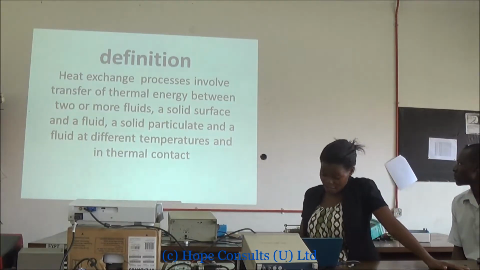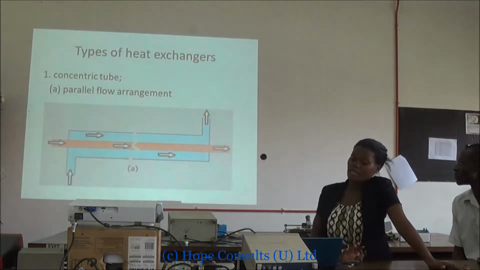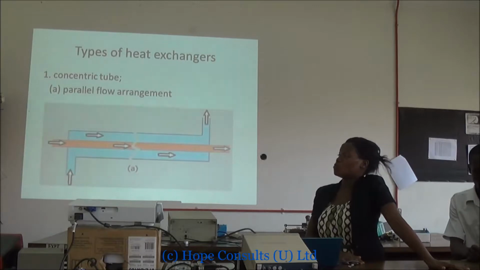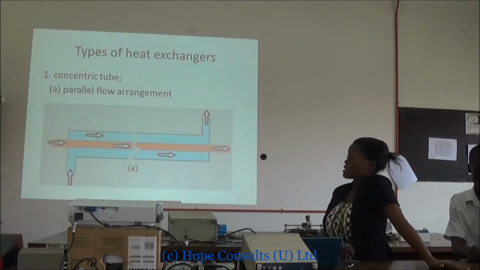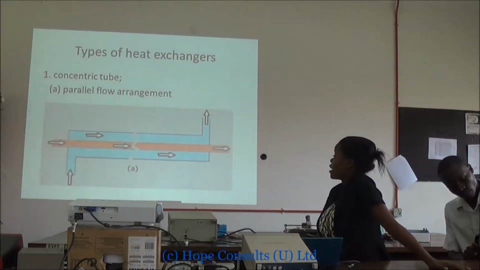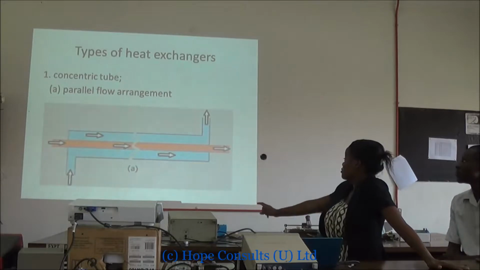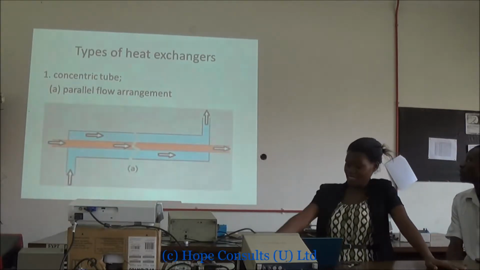Then you are going to give the types of heat exchangers. We have concentric tubes, but here I am going to look at their arrangements. We have the parallel flow arrangement. Under that arrangement, we have two outlets.